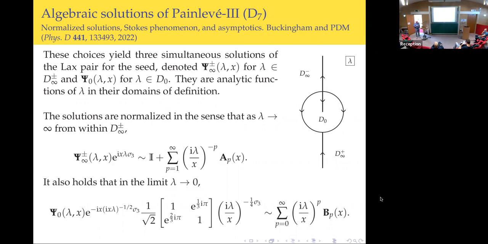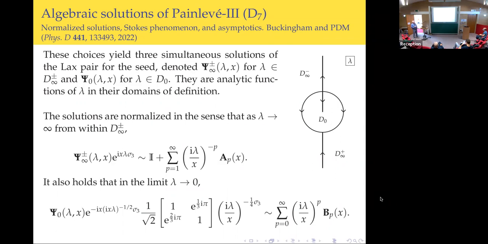It also holds in the limit lambda goes to 0 that the 0 solution, after peeling off a different exponential factor and a gauge matrix like this, and a 1/4 power of lambda, that we get an asymptotic expansion now in positive integer powers of the same combination of variables with coefficients V_p that you can again compute.